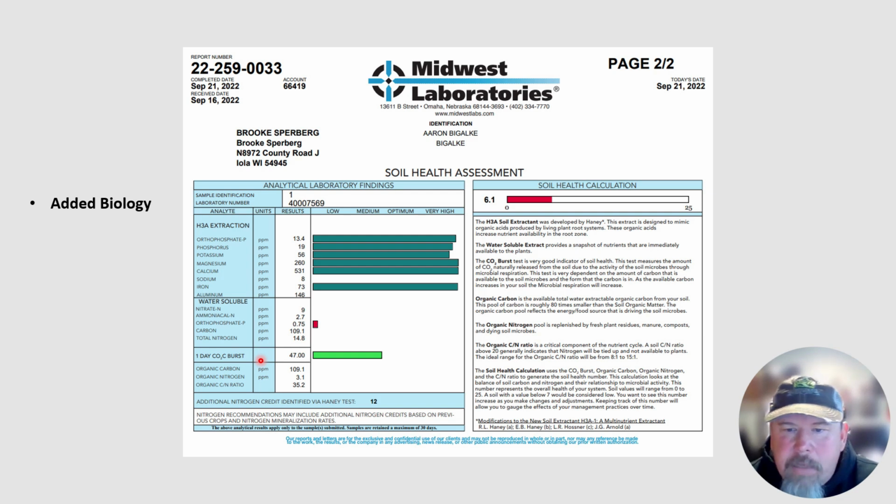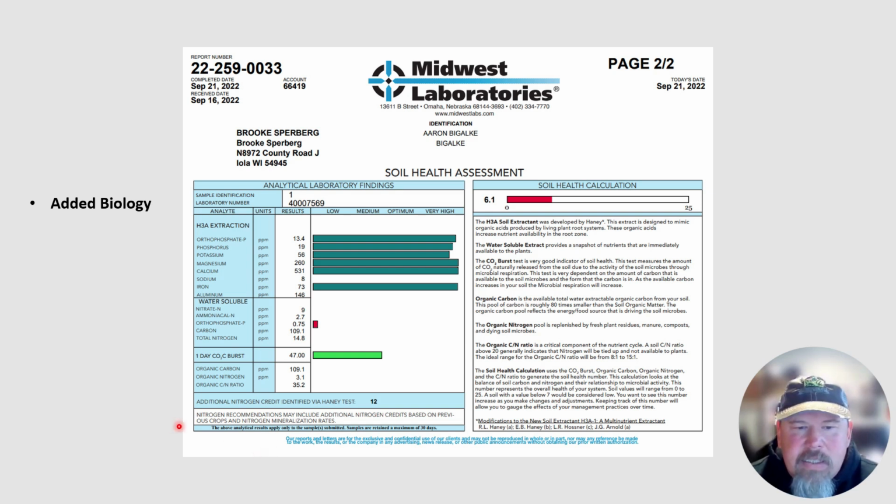This test is really dependent on the amount of carbon that is available in the soil and the form that carbon is in. So if you look at this, it's showing that I've got a light green CO2 burst, which means that I do have a lot of microbial life in the soil. It's not high, it's not optimum, but I have it there.